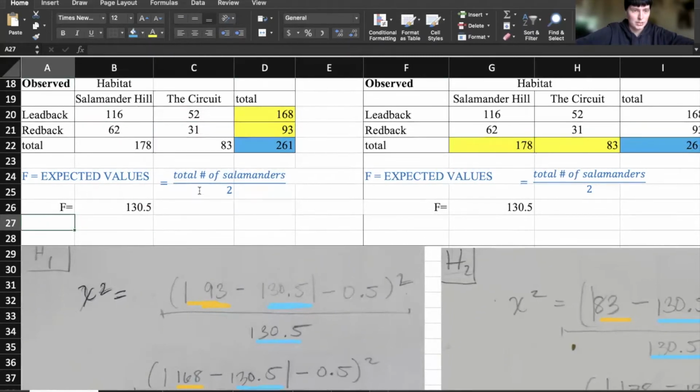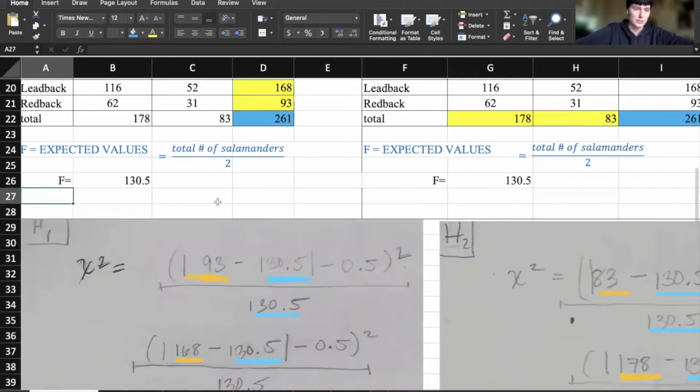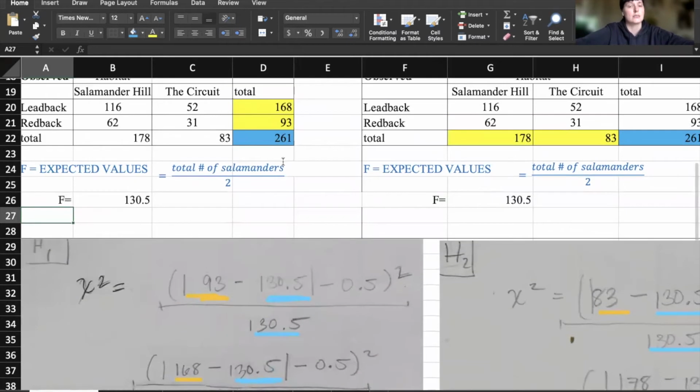So to answer this question, is there a difference in the number of morphs, morphs being the leadback and redback salamanders, we're going to perform a chi-square analysis for the totals of each of the morphs.